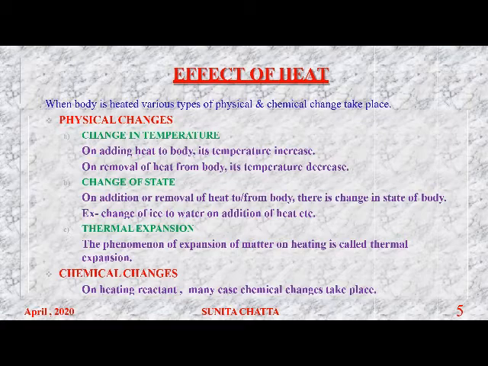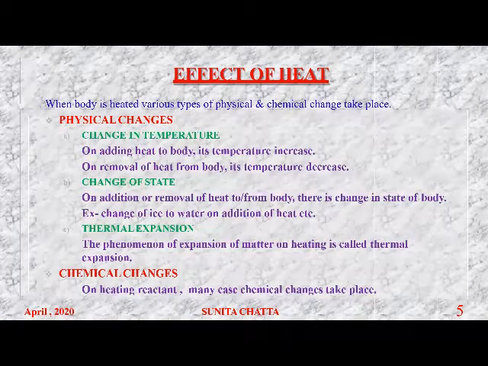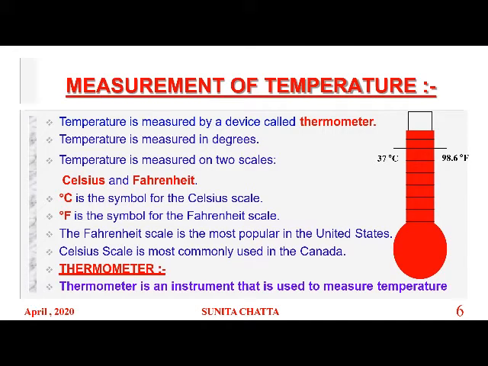Number 3 is thermal expansion. That is, the phenomenon of expansion of matter on heating is called thermal expansion. Chemical changes: on heating reactants, many chemical changes take place. Now, measurement of temperature. Temperature is measured by a device called thermometer. Temperature is measured in degrees.